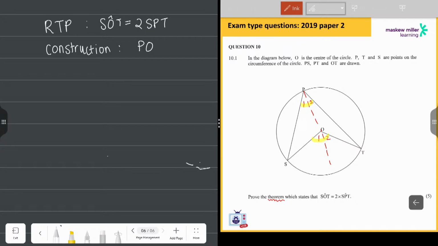First, you say that O1 is equal to P1 plus angle S, and the reason for that is exterior angle of a triangle.